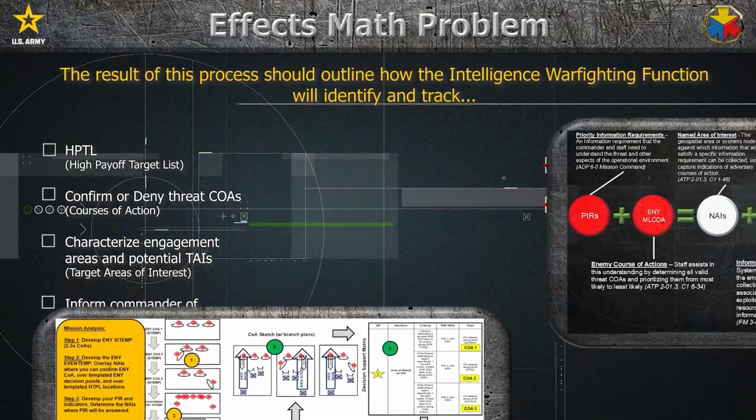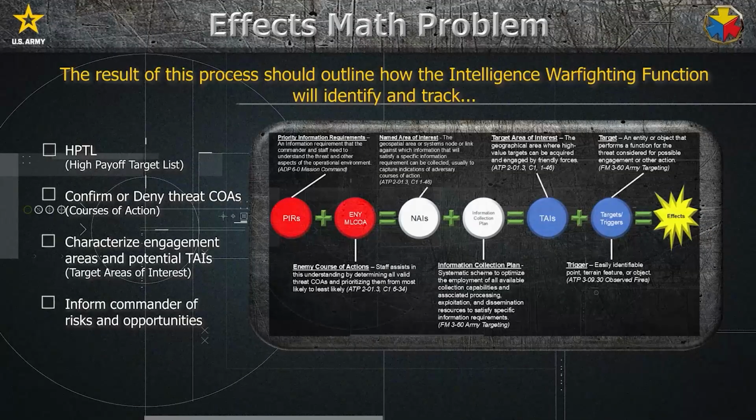The result of this process should outline how the intelligence warfighting function will identify and track the high payoff target list, or HPTL, confirm or deny threat courses of action, the COAs, characterize engagement areas and potential TAIs, and inform the commander of risks and opportunities.